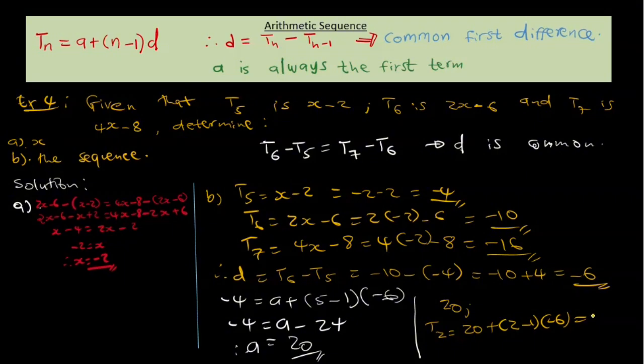So 20 minus 6 is equal to 14. And then the last one is T3, 14 minus 6, and the value is 8.